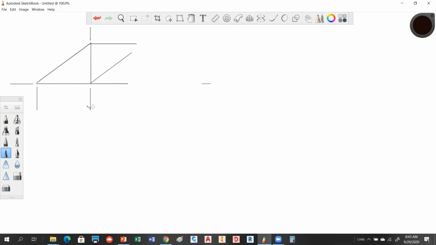Let me go ahead and label them, and then we'll analyze it and make sure what we've got. Okay, so there's a reaction, and here's a reaction. This guy was 6 kips. This guy is also 6 kips. And I'm going to do a real quick section cut through here.